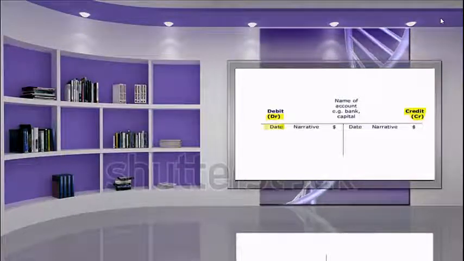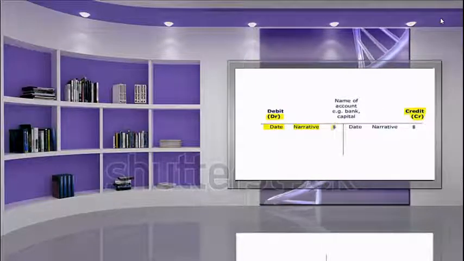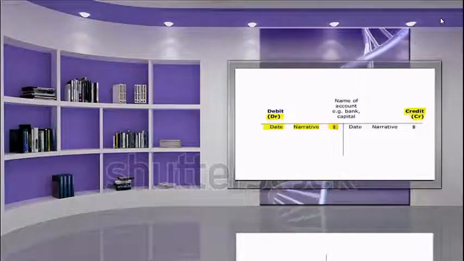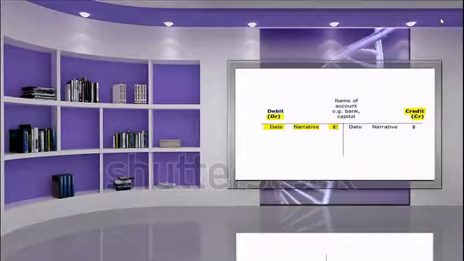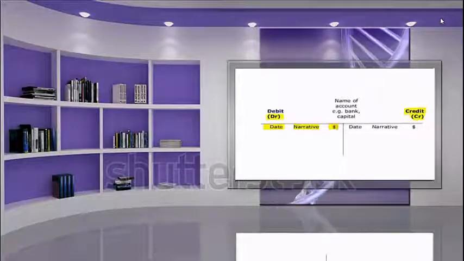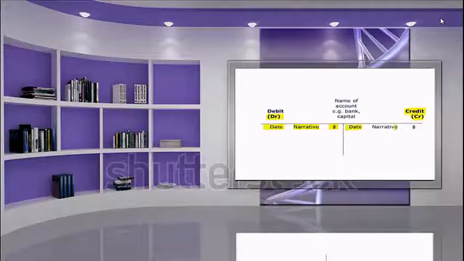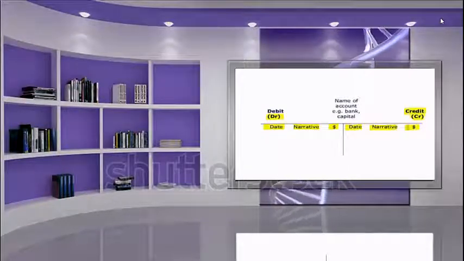The date column, the narrative column, and then the amount of the transaction expressed in dollars. Okay, so the monetary value. And the same columns would still happen on the right-hand side, the credit side. Date, narrative, and then an amount in dollars.